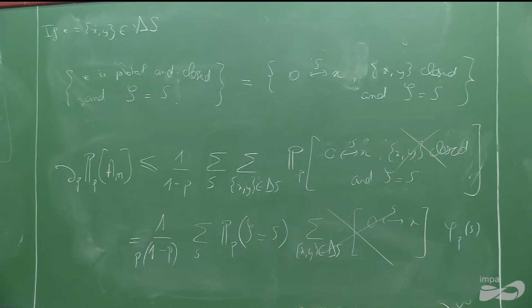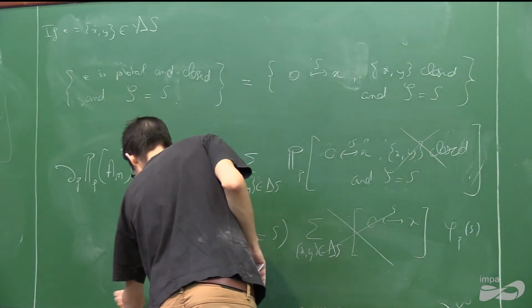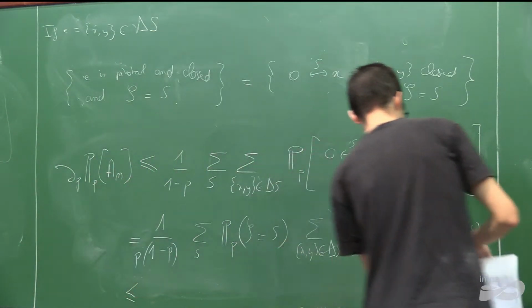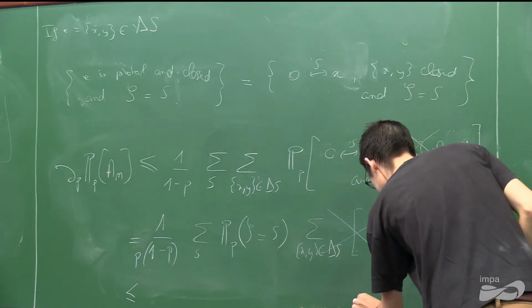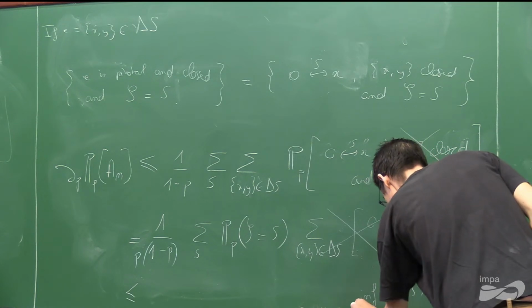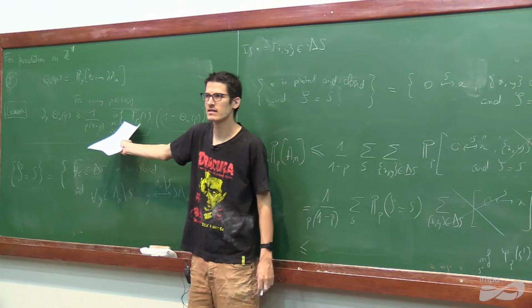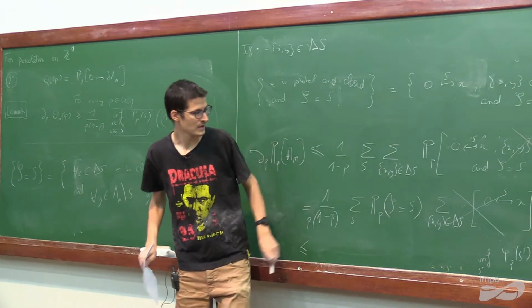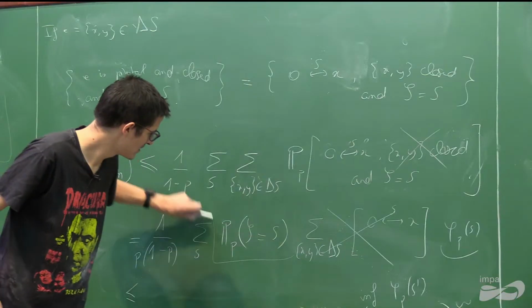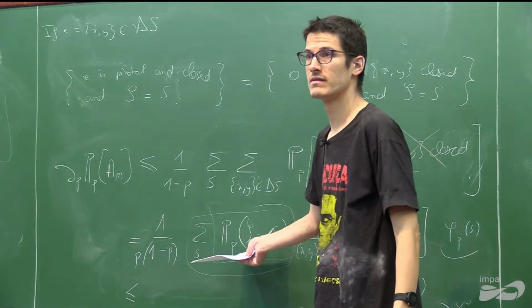And in particular, what I can say is that this here is smaller than the infimum of phi p of S prime over S prime in this set, clearly, because the sum is... And now I just have this sum, but this sum is equal to 1.